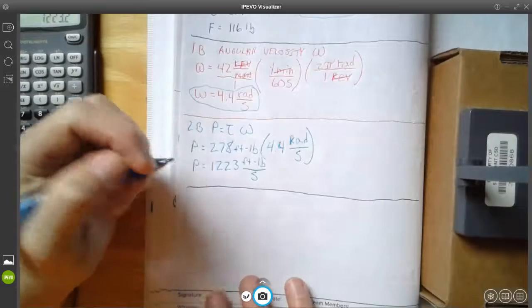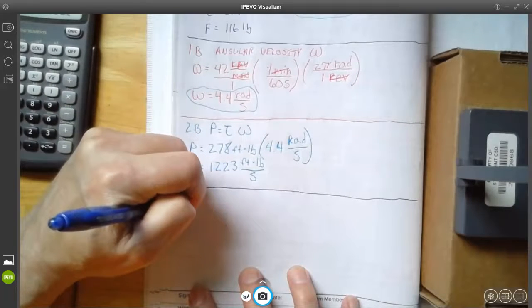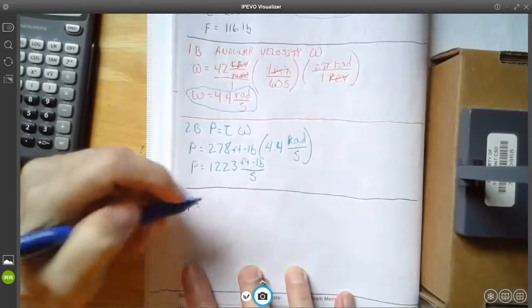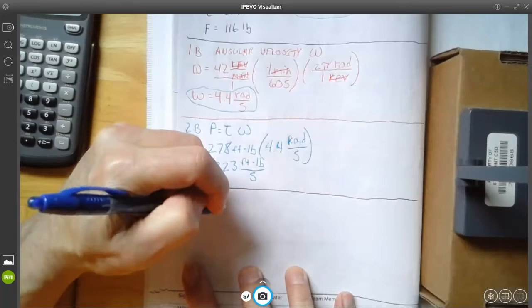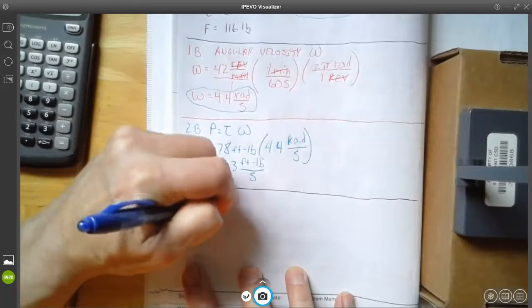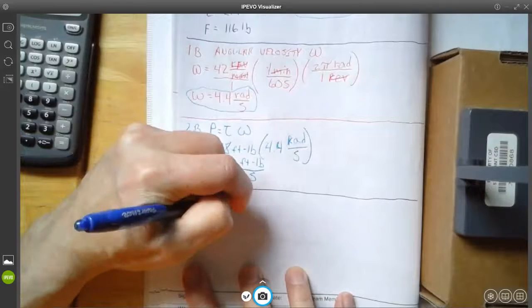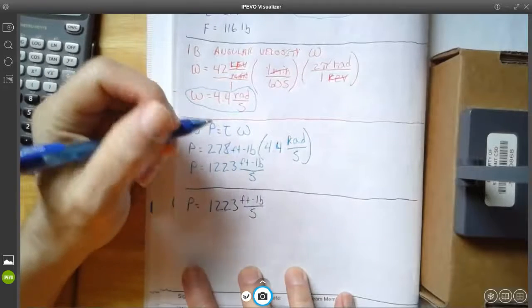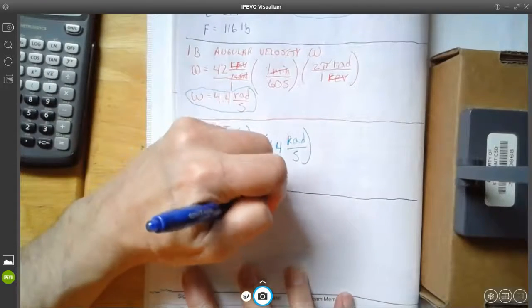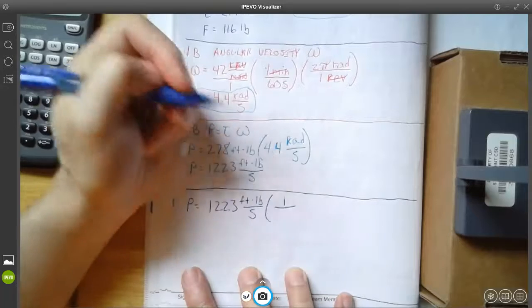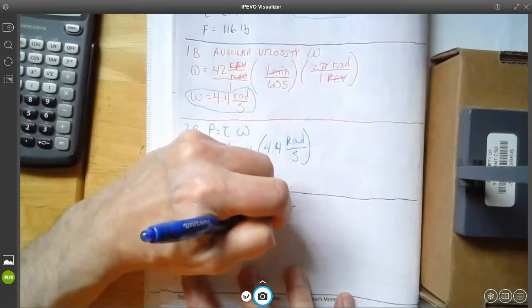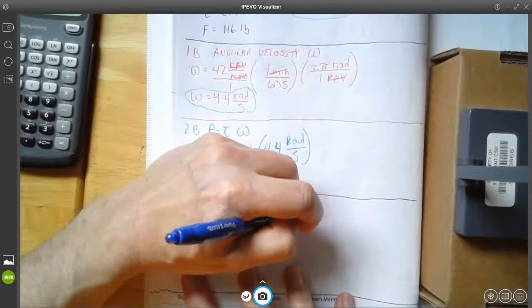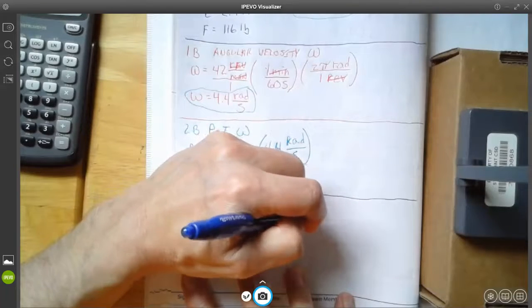So I'm going to write this out. P is going to be equal to 1,223 foot-pounds per second times 1 over 550 foot-pounds per second.